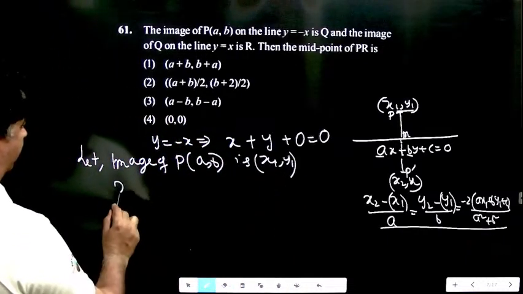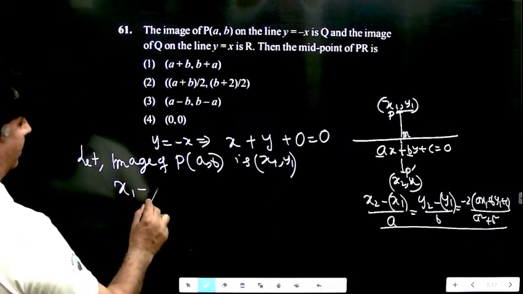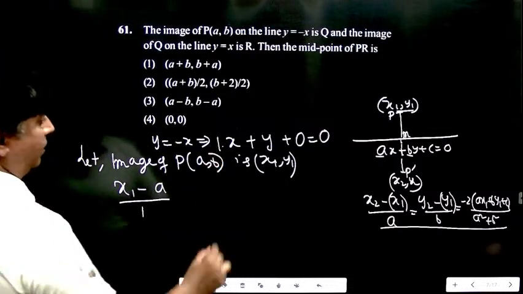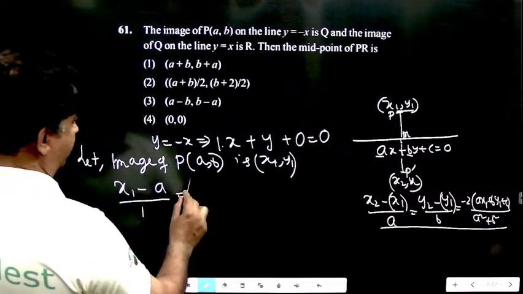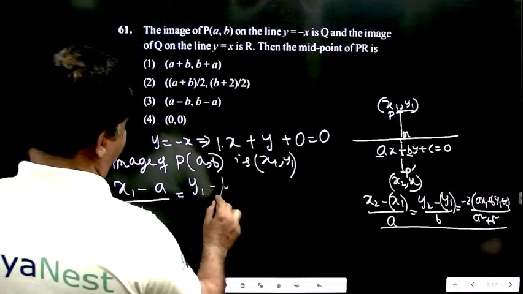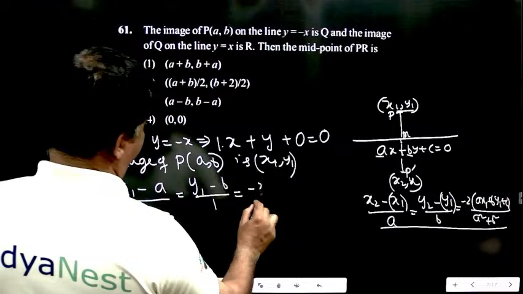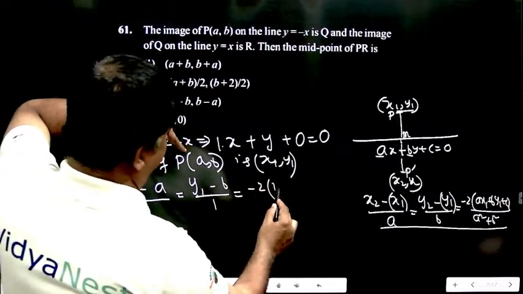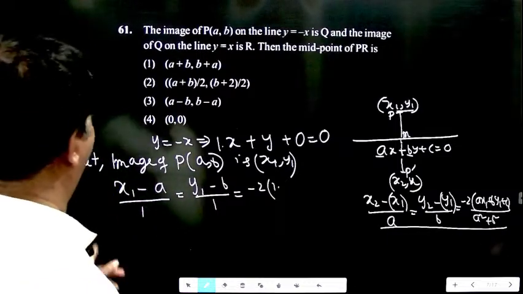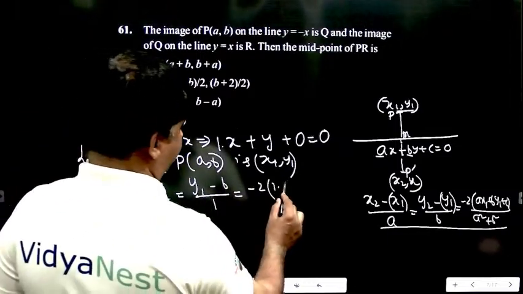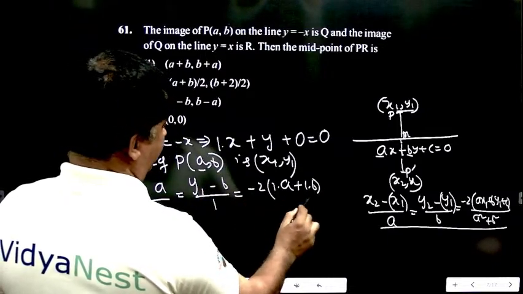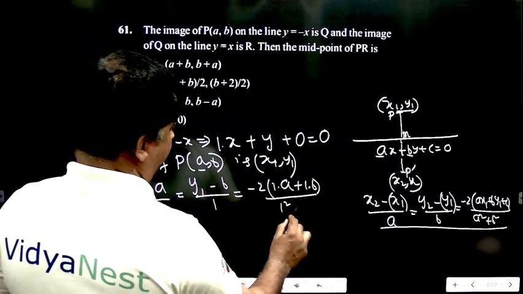So x1 minus a by 1, where 1 is the coefficient of x, equals y1 minus b by 1, equals minus 2 a x1. A is what? 1. What is x1? Here x1 is a. 1 into b by 1 square plus 1 square.